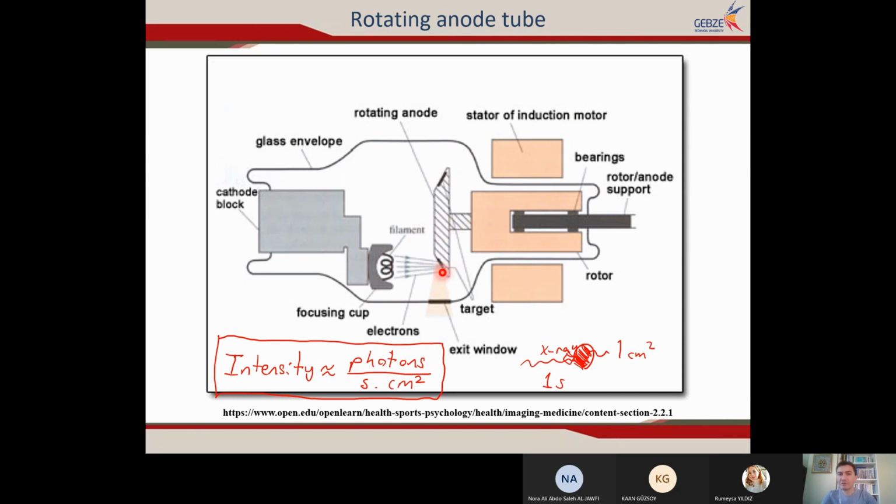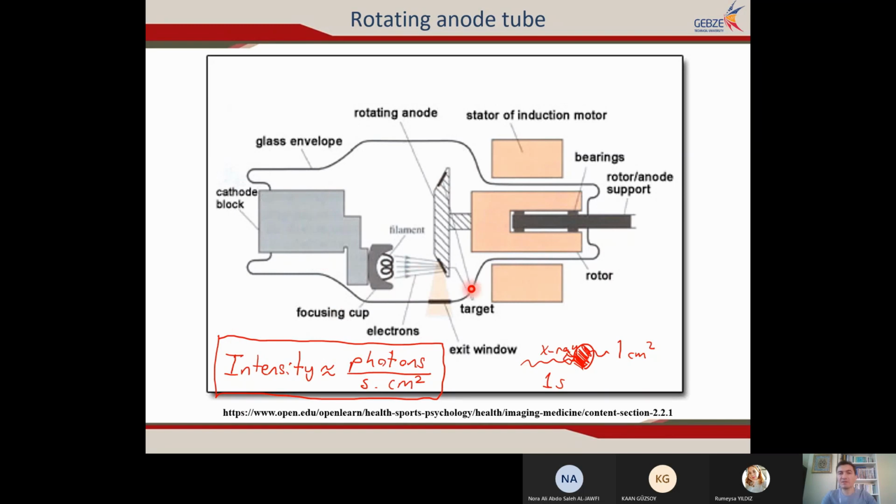But if you rotate this anode material, each time electrons will hit a fresh anode material, and then you can somehow decrease the heating effects. In addition to that, each time electrons will hit a fresh anode area, so you can produce more X-rays, okay? The main reason is to produce more X-ray intensity, more photons.